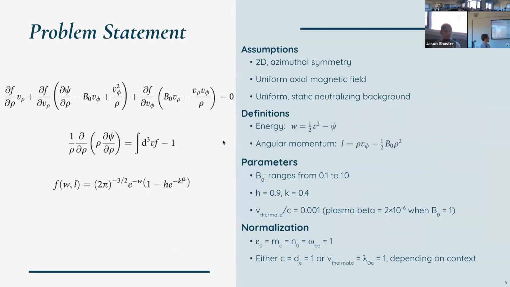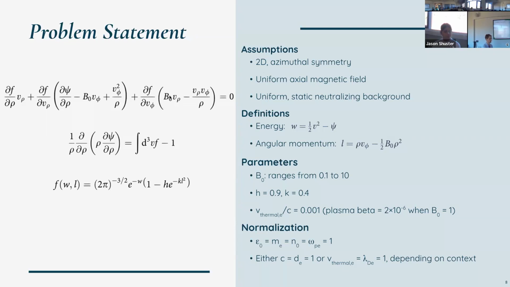So this is where we are. We're studying this electron distribution function down here. And it is subject to these equations. The top one here is the Vlasov equation, subject to two dimensions, azimuthal symmetry.